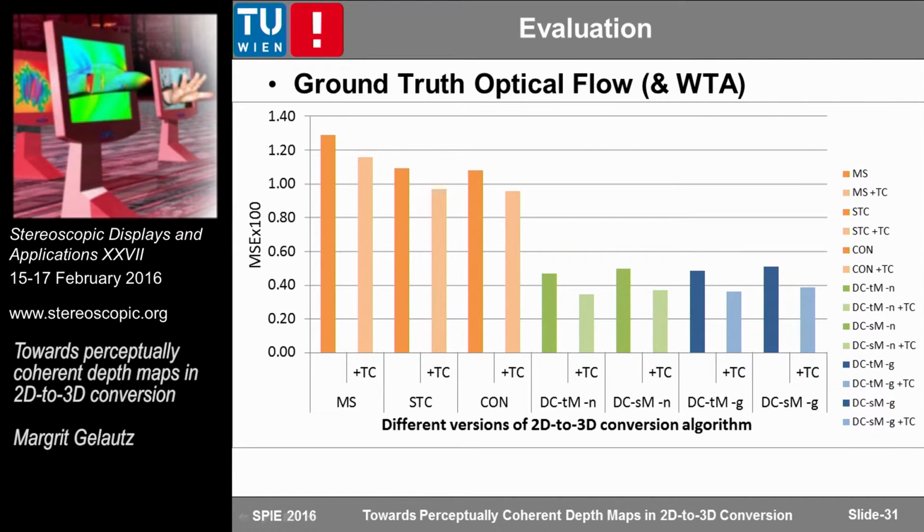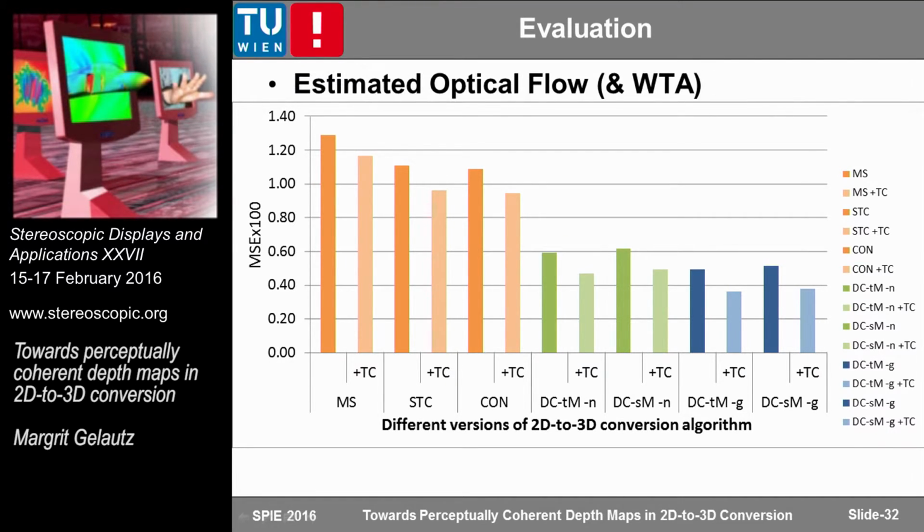Optical flow is used at several steps of the algorithm, and if we now switch to estimated optical flow, which of course has some errors included, then we see that the depth order guided interpolation delivers results that are quantitatively a little bit better than the straightforward linear interpolation. And what we can also see here, TC refers to temporal coherence, that's the motion-guided filtering, and in all cases, both for the estimated and the ground truth optical flow, the motion-guided filtering was able to improve the results.